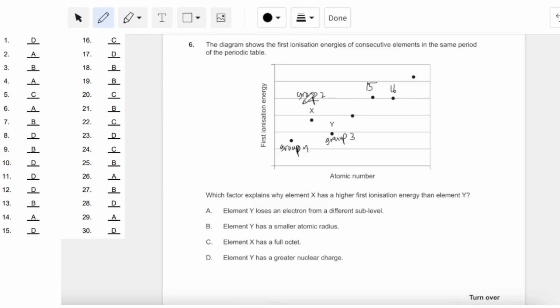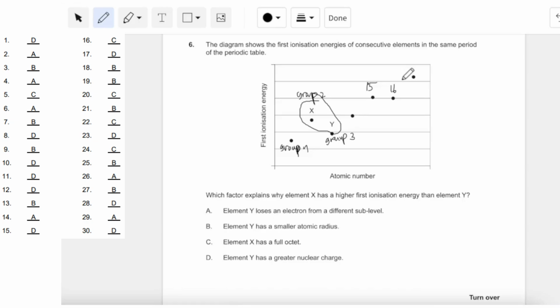So we're looking only at these two. The ionization energy of Y is lower compared to X. Obviously, in group 3 it is easier to lose the last electron compared to group 2.